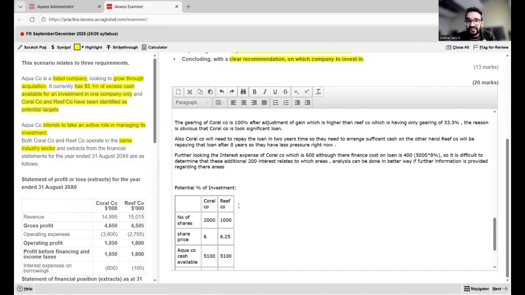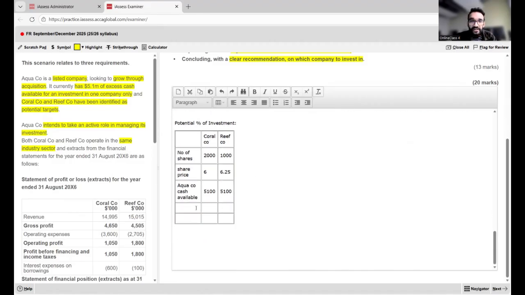You can do it by just writing down the numbers. Now, how much shares will we be getting? This is something which is very important, right?